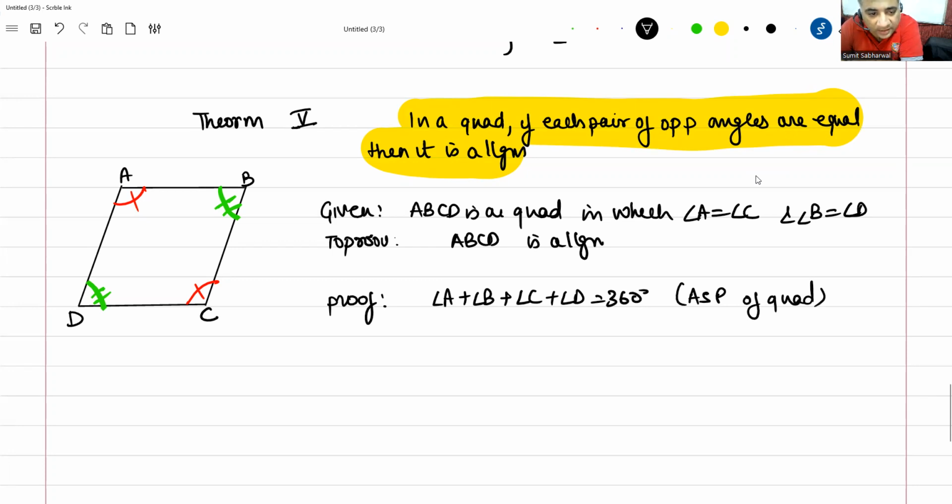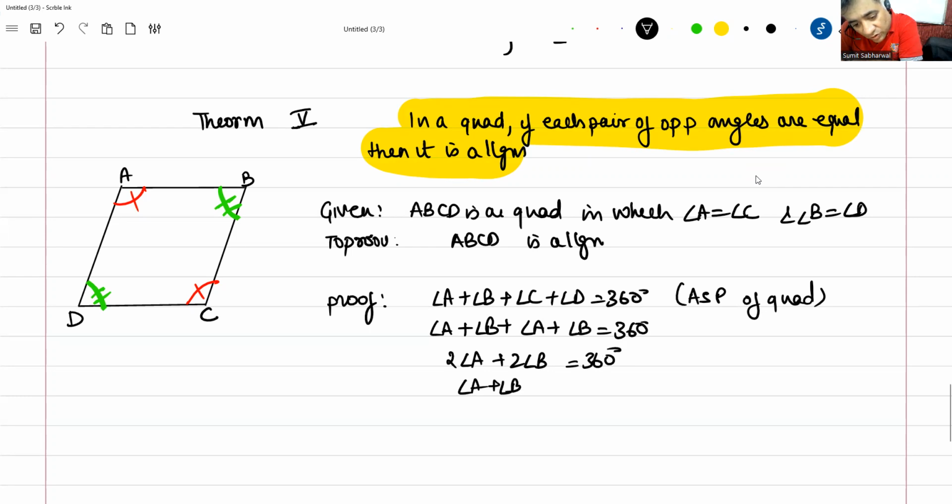Now angle A is equal to angle C. So instead of angle C, I can write angle A. And instead of angle D, I can write angle B, as angle B is equal to angle D. So we come to the situation where we have 2 times angle A plus 2 times angle B is equal to 360 degrees. Angle A plus angle B, 2 times, will be equal to 360 degrees. I put 2 as common. So angle A plus angle B will be equal to 180 degrees.